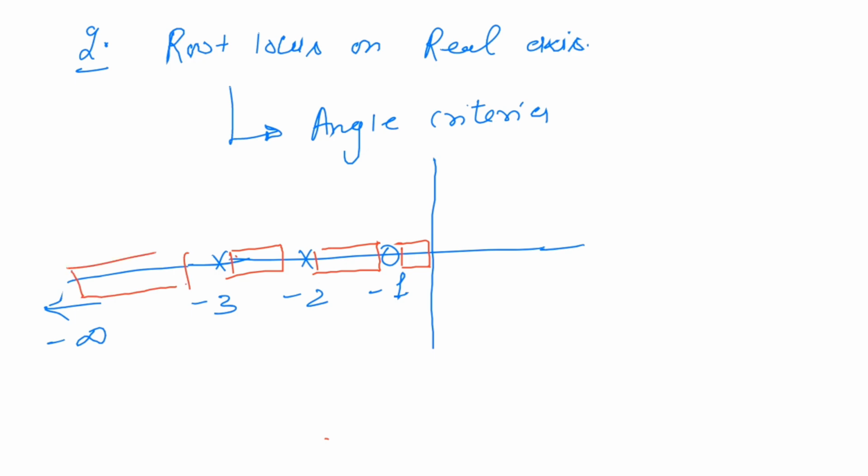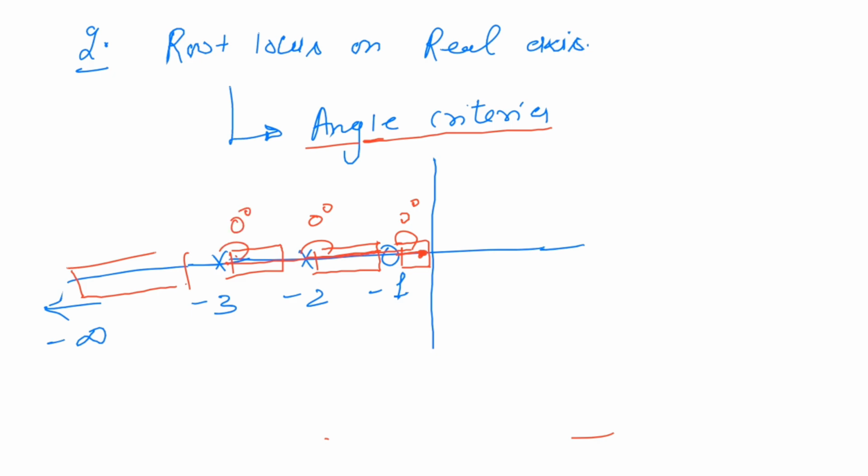Now let's suppose one arbitrary point over here, and to check whether this given point will be part of the root locus or not, we'll use the angle criteria. Now let's draw the phasors from all the poles and zeros. This one from this pole, and from this pole is this one. And as we can see, the angle made by the zero is 0 degree. The angle made by the pole at -2 is also 0 degree. And the angle made by the pole at -3 is also 0 degree.